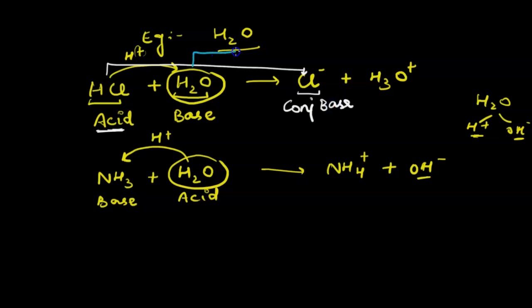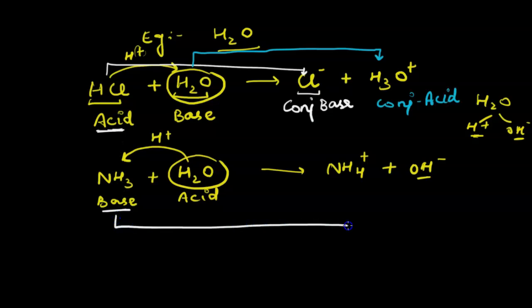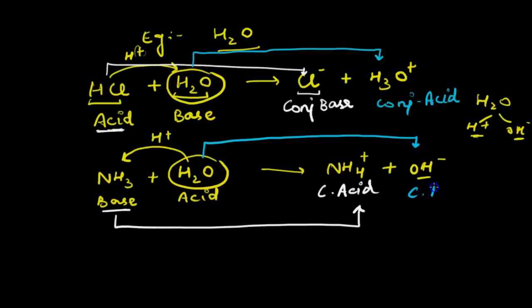Similarly, a substance that is a base is going to give us a conjugate acid. In this case as well, this was a base initially. Now it has given us NH4 positive. So what is this NH4 positive going to be called? It is a conjugate acid. An acid is going to form a substance that's called a conjugate base.